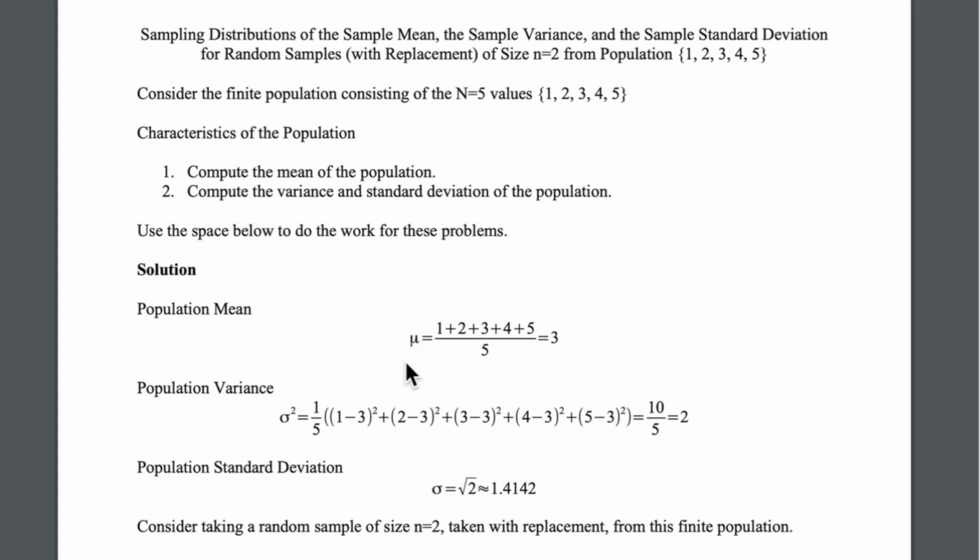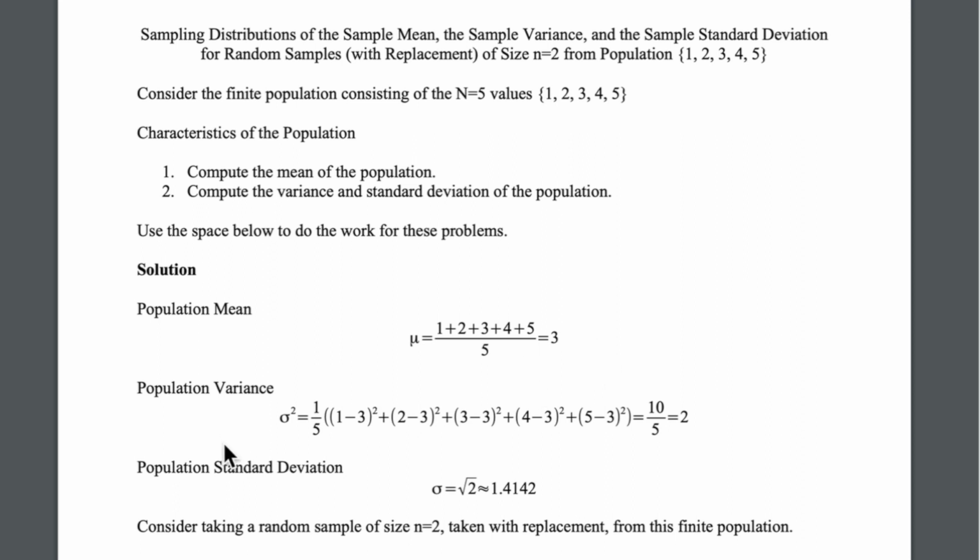The mean of this population is obtained by summing up the values in the population and then dividing by the number of terms in the sum, right? The population size. And so there are 5 population values. And so we see here that when we do this calculation, the population mean is equal to 3. All right, so very simple, but we know what it is now.